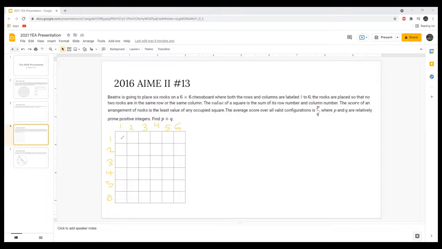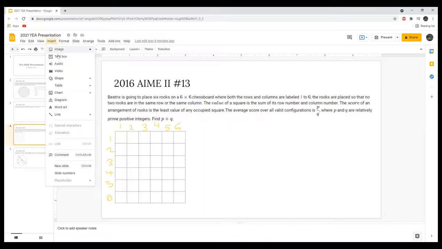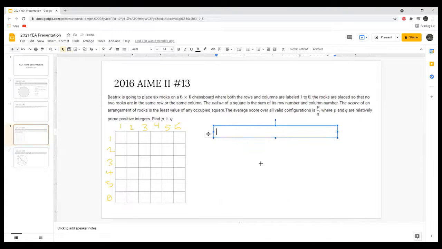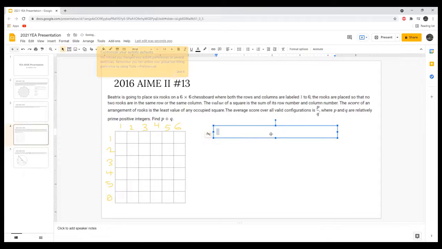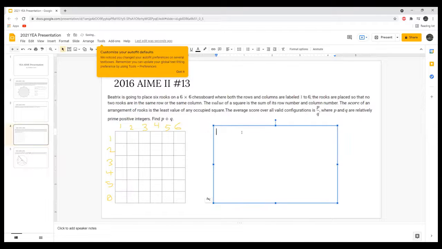We'll do it using this way. All right, so every single configuration has a minimum score of at least 2, right?